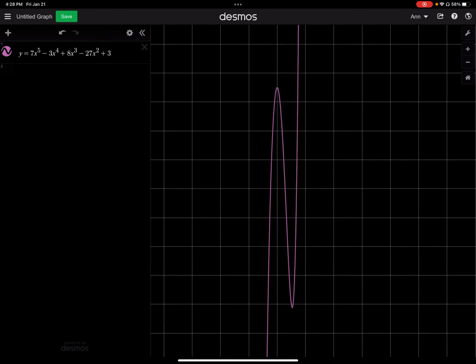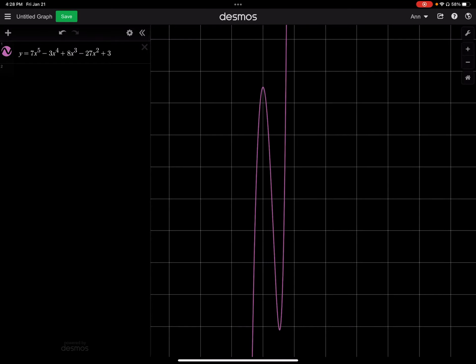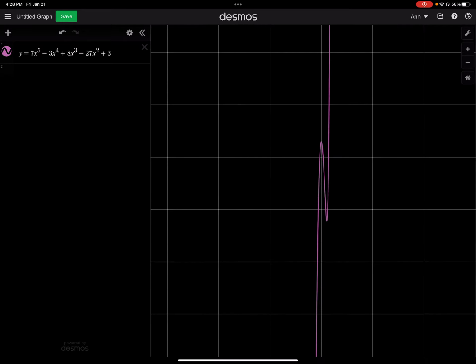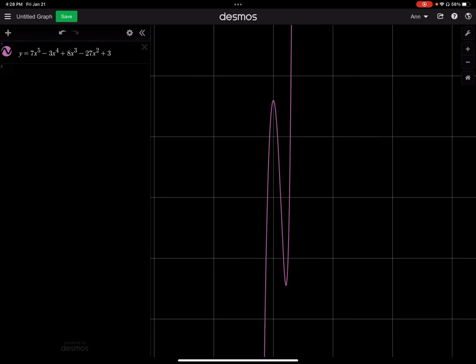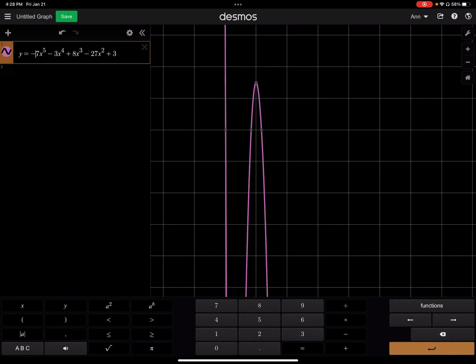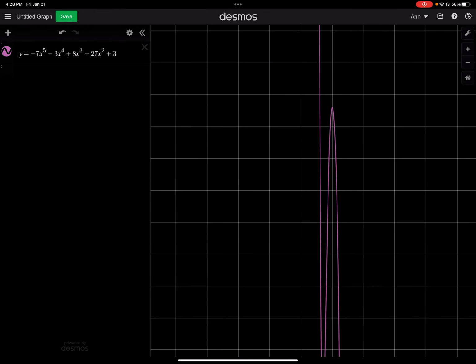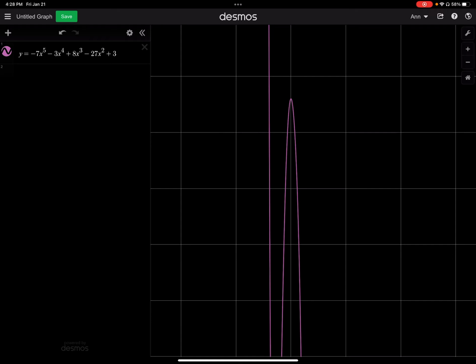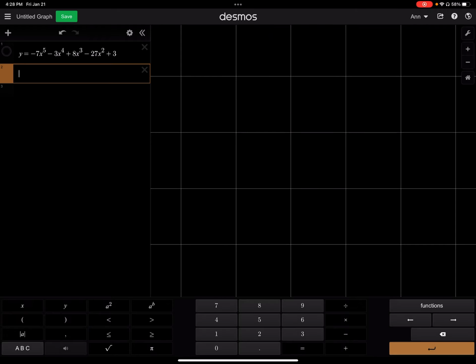Okay, so here's what I want us to notice. This polynomial kind of makes an S shape, right? And if I make my leading coefficient negative, it makes that same shape, it just kind of turns it upside down. Interesting.